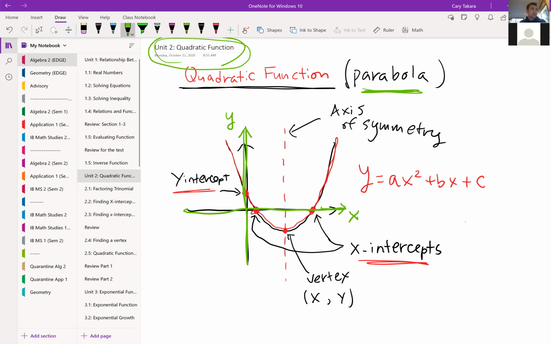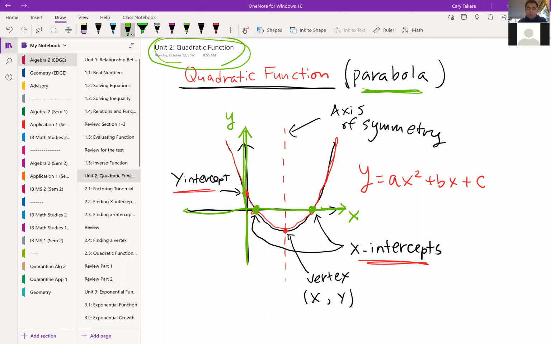Okay. So when it hits the x-axis, in this graph, there are two locations, right? Right here, 1 and 2. Those two locations are called x-intercepts.